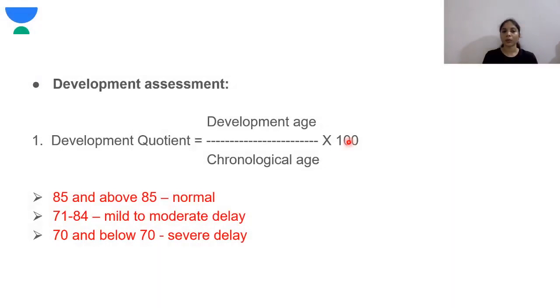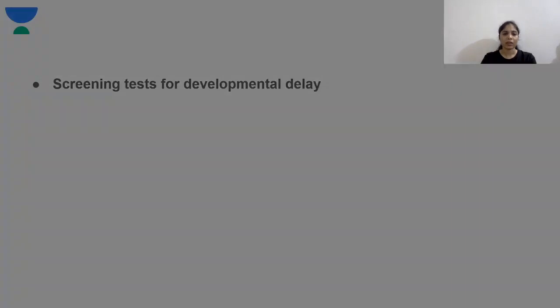Okay, that's how you do it. If the developmental quotient is 85 and above, it is normal. If the developmental quotient is between 71 and 84, it is mild to moderate delay. And 70 and below, it is severe delay.